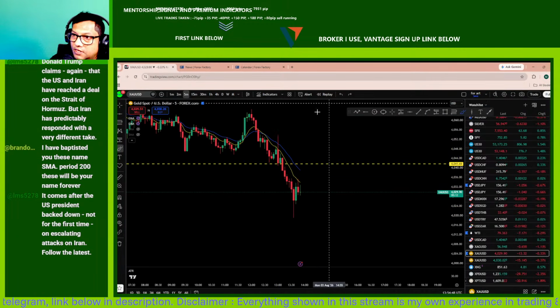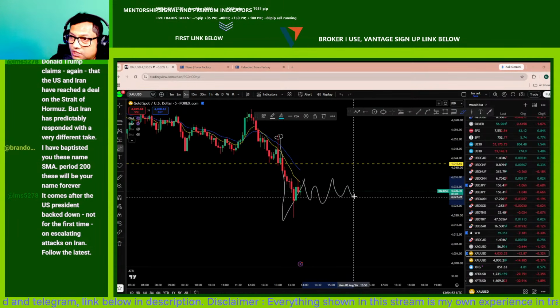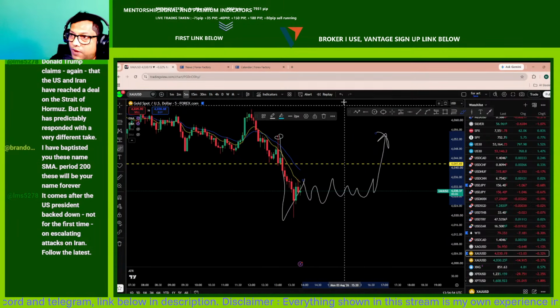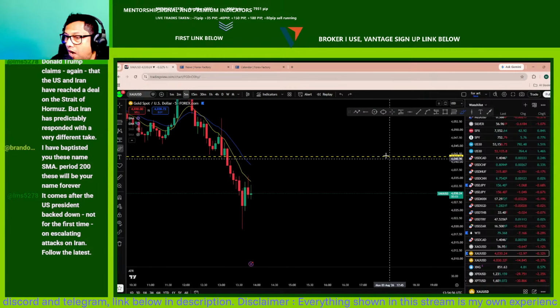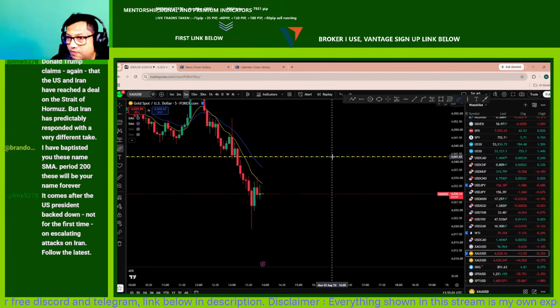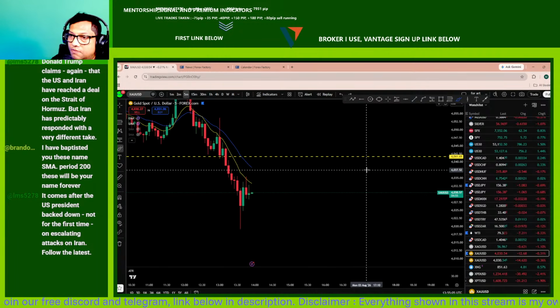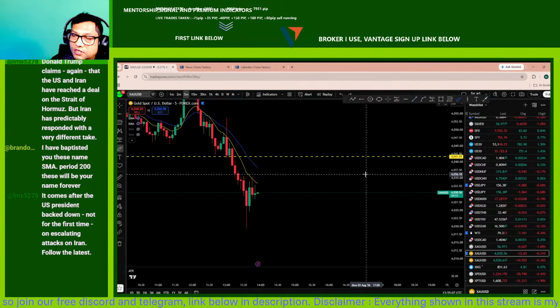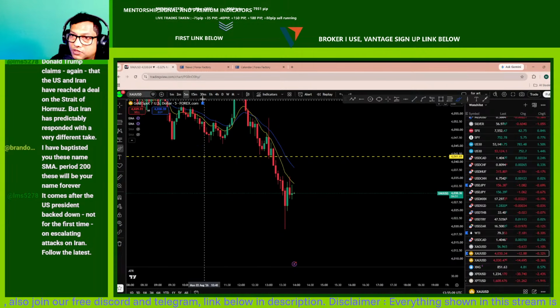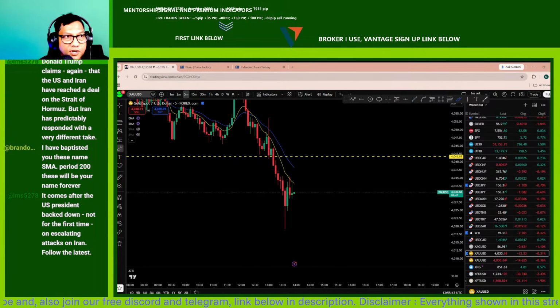From here, the pullback, we could see sideways and can expect an upturn in this area. Upside momentum can happen. If that happens, with the 5 minutes we will be able to see the overall market direction in this market.